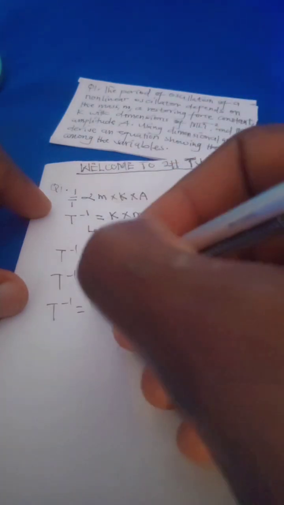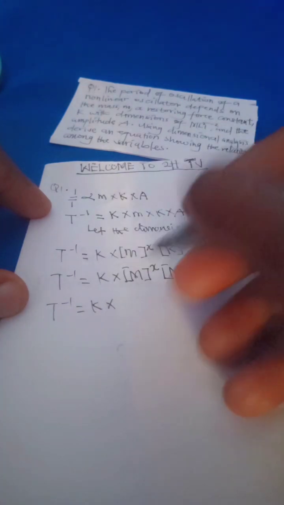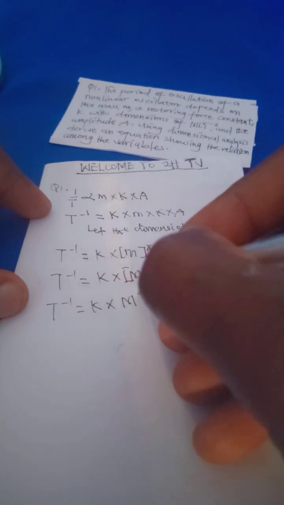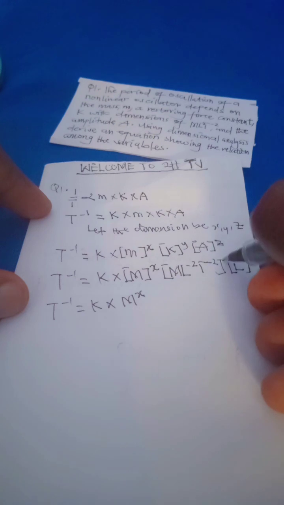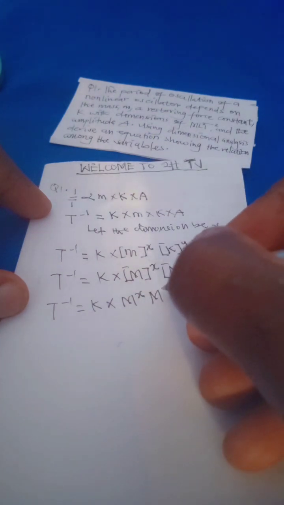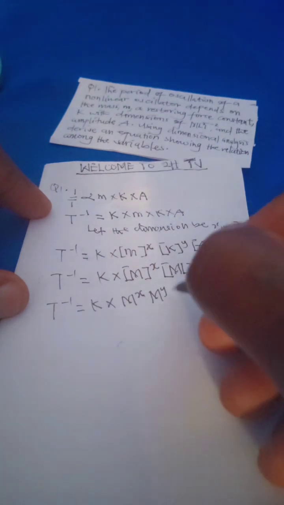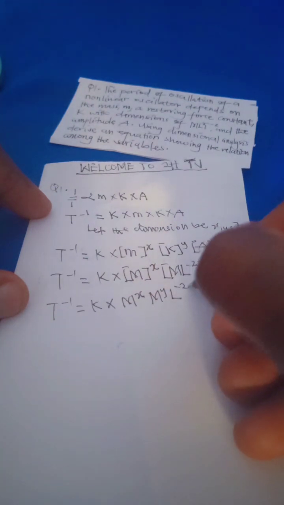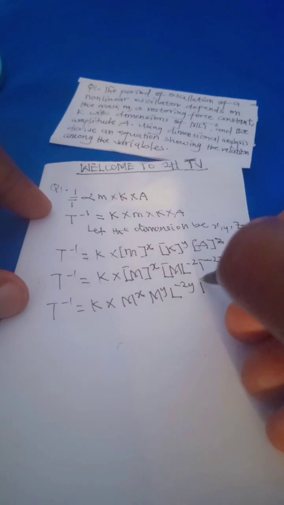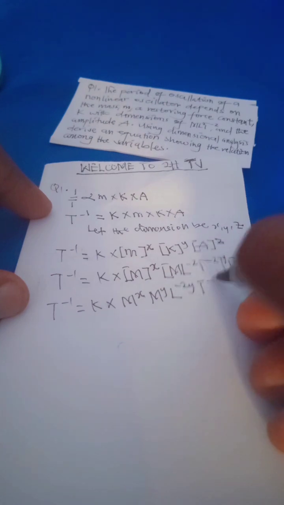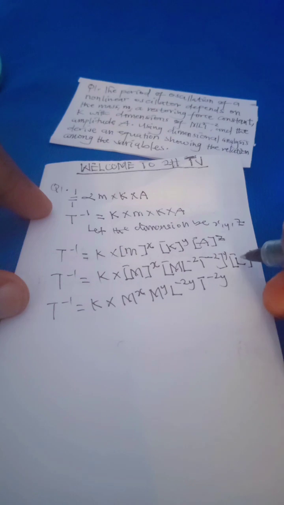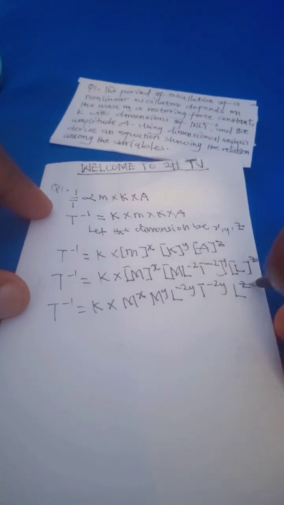So what's going to happen is that you say T^-1 is equal to your k times, now x will come in power M, so we have M^x, then y will come in power of the first M, M^y, it will power the second, L^-2y, then to the power of the third, T^-2y, then z to power L, so L^z.